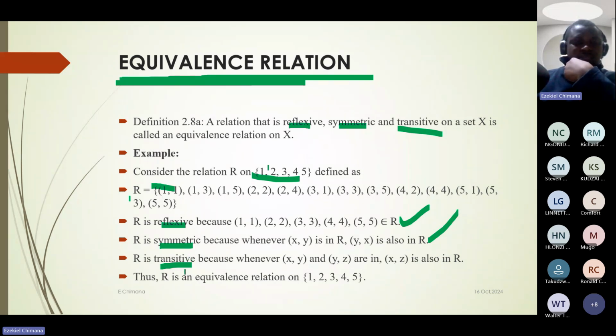Then you check for transitivity, because whenever X, Y and Y, Z are in the relation, X, Z is also in R.